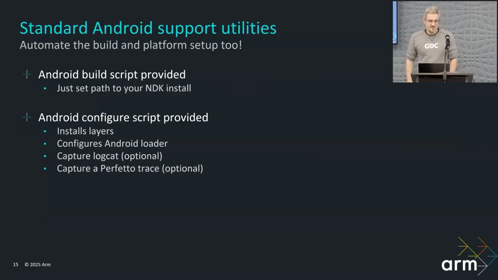Because we want to iterate fast, we provide some utilities. So that when you generate a project, you get an Android build script, which is just a wrapper around, sorry, Android NDK CMake. And a very, very basic configure script, which will push files to your Android device and configure the Android environment. It has its own loader. It's different to the Khronos loader. So it sets system properties.